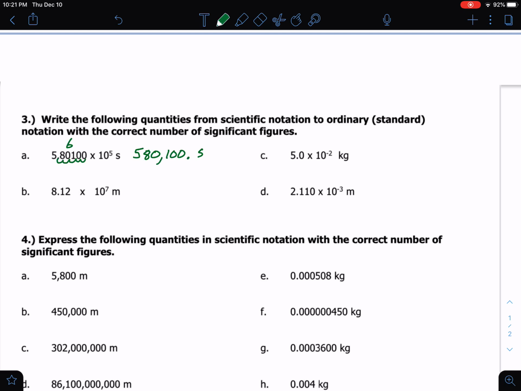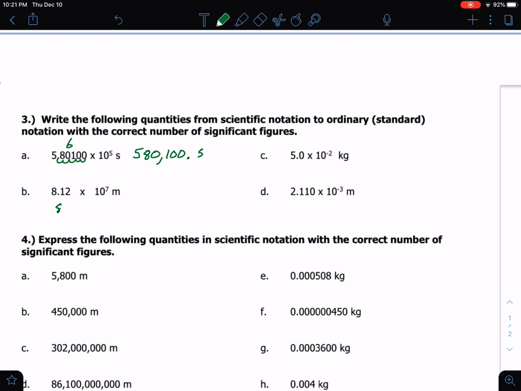Then you have 8.12 times 10 to the 7th. This is going to be a big number because you have a positive exponent. I'm just going to write this out here so I have more room. So the decimal is going to go to the right by 7. 1, 2, 3, 4, 5, 6, 7. And then I'm going to fill in everything with zeros.